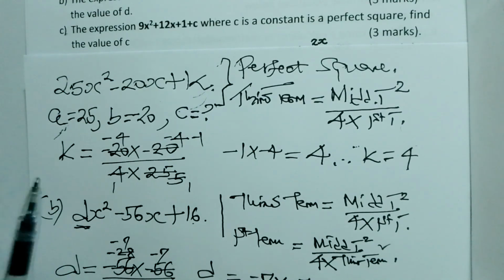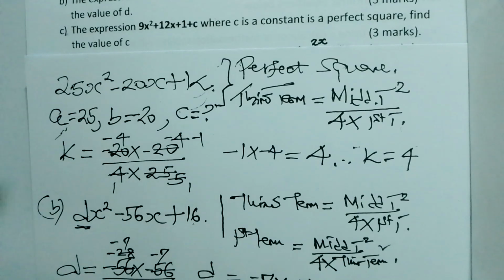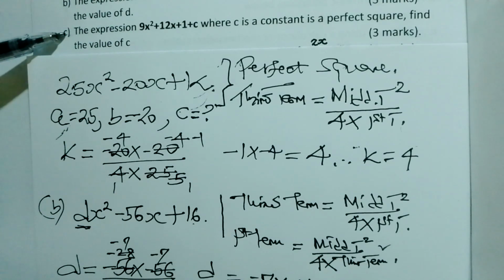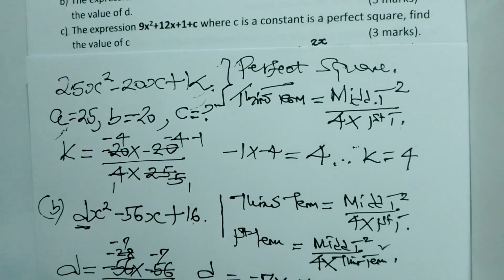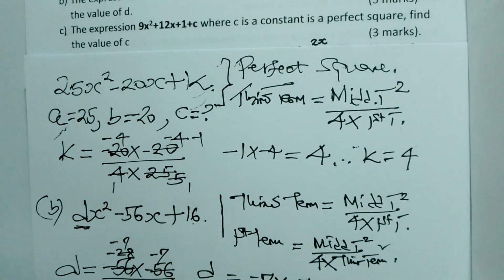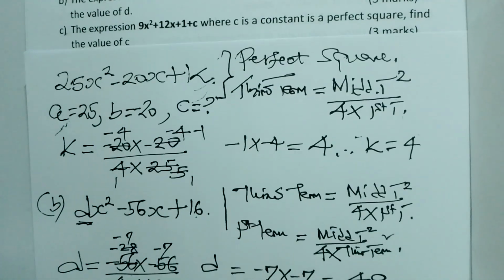So this is the question that we want to look at. The expression 9x squared plus 12x plus 1 plus c, where c is a constant, is a perfect square. Find the value of c. This is our expression now.